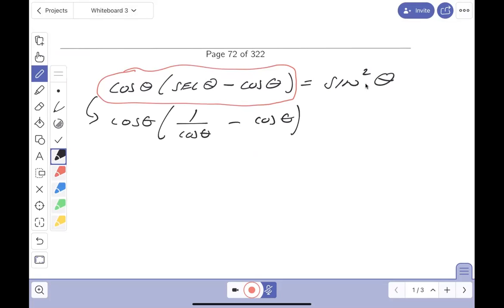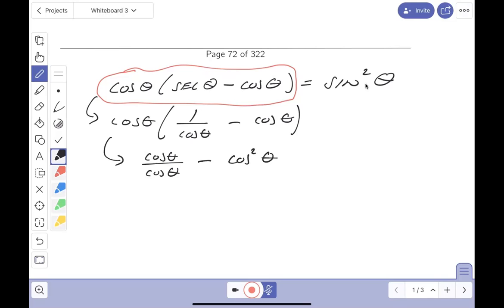It's familiar. Okay. What am I going to do now? I'm going to distribute the cosine theta across these two terms. And what would you get? Well, you get cosine theta over cosine theta minus, well, cosine times cosine is going to be cosine squared theta.